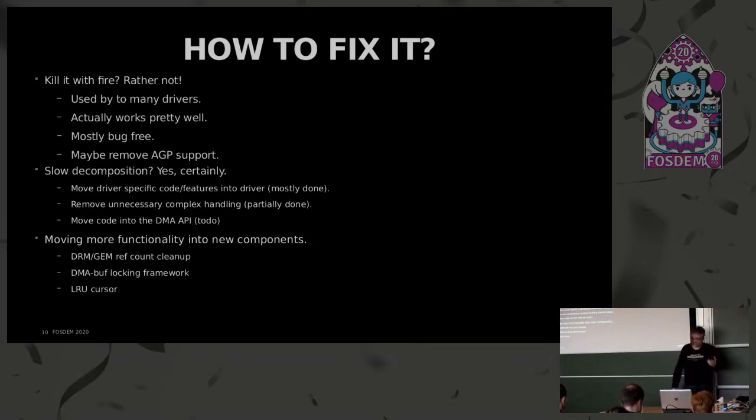That is wildly inefficient. So what this LRU cursor does is, instead of getting a lock on the head of the LRU list, you get a lock on the last item which was not valuable to evict, and then move on from that to the next item and try to find something which you can remove from video memory and move to system memory.